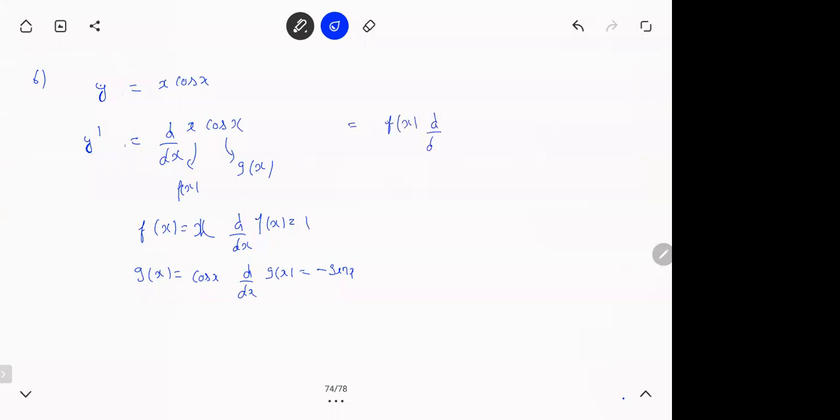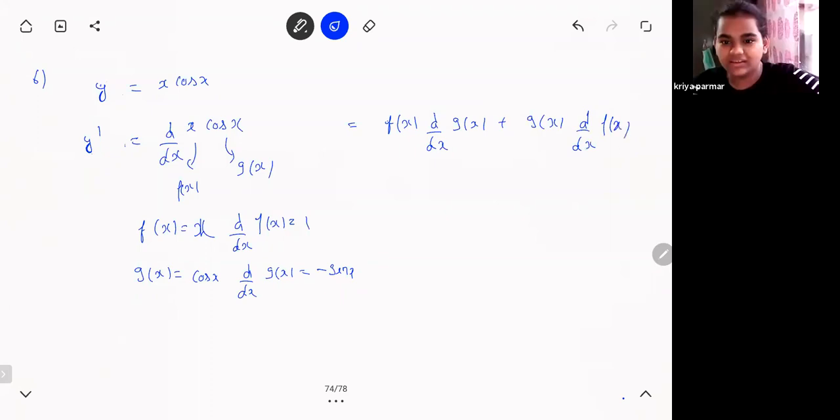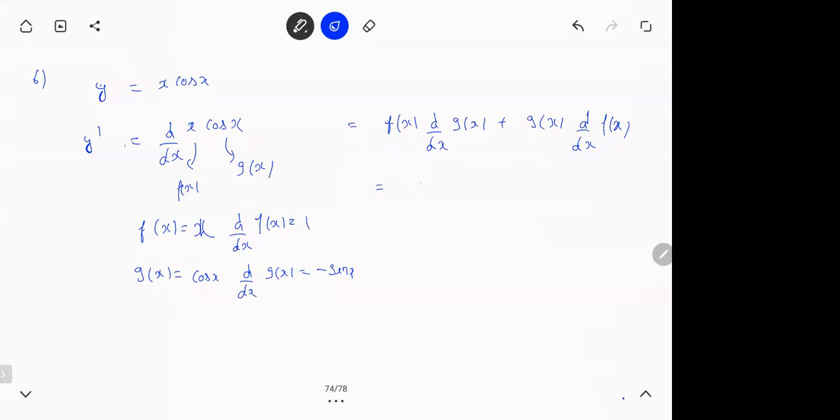F of x, differential of g of x, and differential of f of x, g of x. This is x. Differential of g of x is minus sin x here. G of x is cos x, and differential of f of x is 1. So you have minus x sin x plus cos x. This is the first differential, y dash or f dash x.